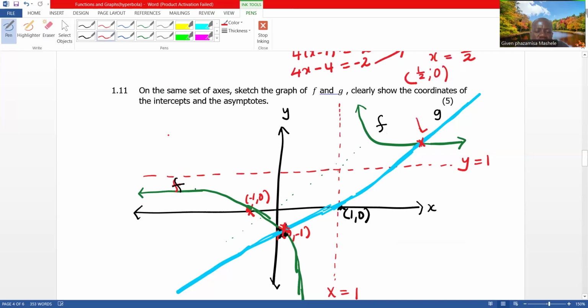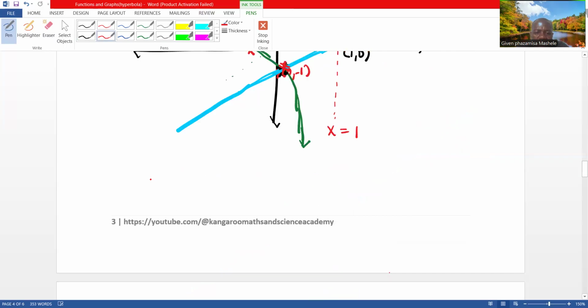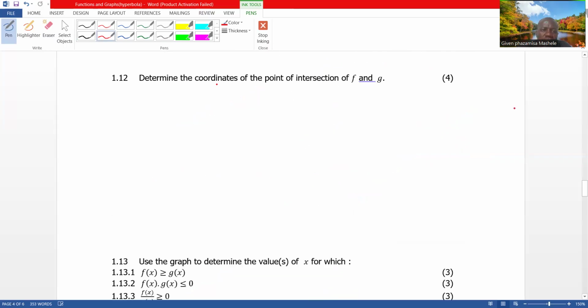So to do that, we're going to take both the equation of F and G and we equate them. So we're going to say at the point of intersection, it's where f of x equals g of x. And what is our f of x? It's 2 over x minus 1 plus 1 equals x minus 1. Remember, there are many ways to skin a cat.